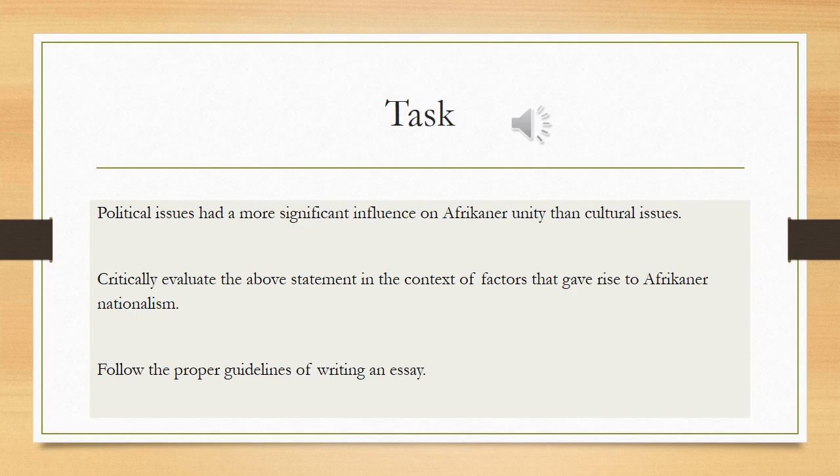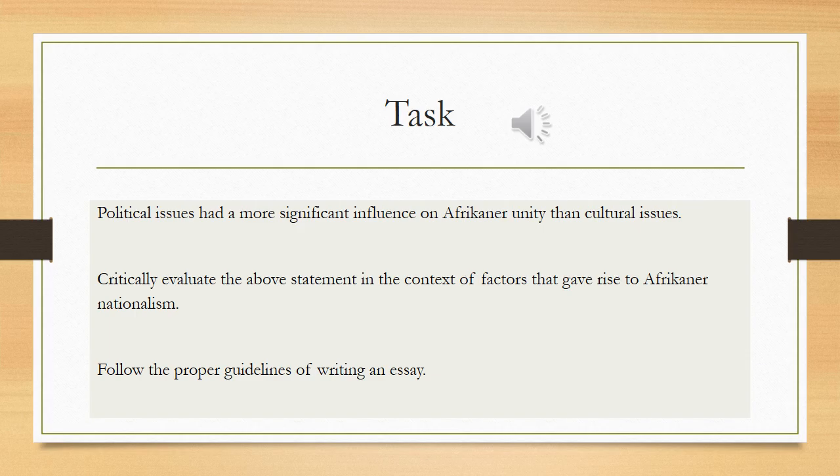The topic is: political issues had a more significant influence on Afrikaner unity than cultural issues. The instruction says, critically evaluate the above statement in the context of factors that gave rise to Afrikaner nationalism. Please go and write this essay.